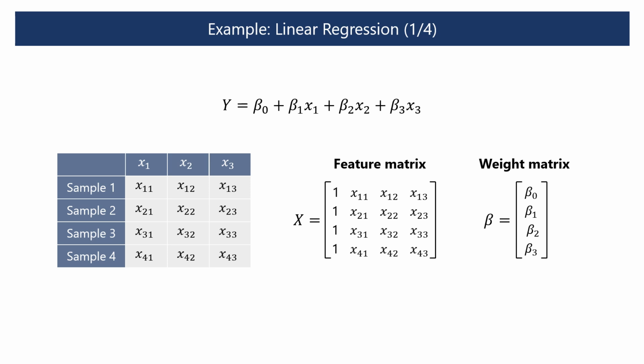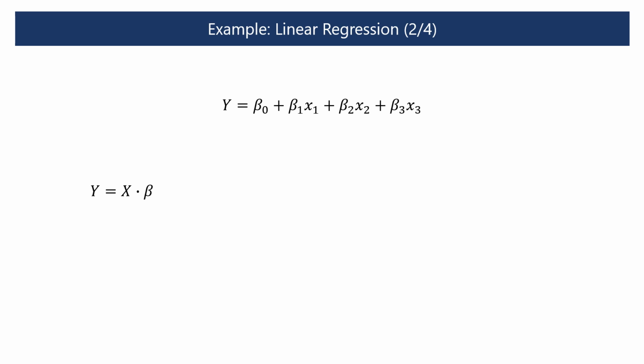And we can define a weight matrix. It has only one column, so it can also be called a weight vector. The first element represents the intercept, and the other elements represent the coefficient of each predictor variable. We can compute the predicted values y for each sample by multiplying the feature matrix with the weight matrix.